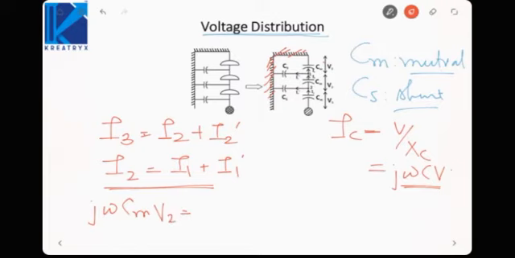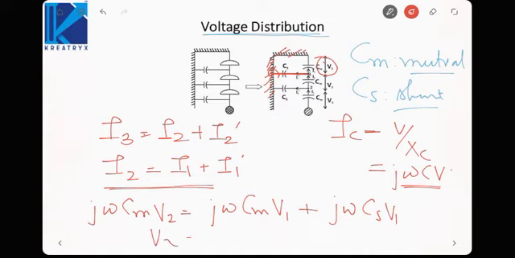I1 is in this capacitor, j omega CM V1. And I1 dash is in this capacitor, whose voltage is V1 on one side and 0 on the other. So this capacitor also has the voltage V1, giving j omega CS V1. So we can write V2 is equal to V1 plus CS by CM into V1.